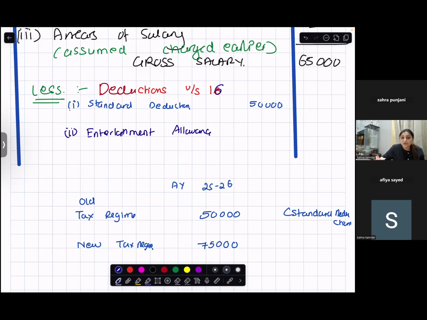Entertainment allowance is for government employees only. And the entertainment allowance that is there is the allowance received, 20% of the salary or 5,000, whichever is lower. I'll take you to that where I am going to show you.